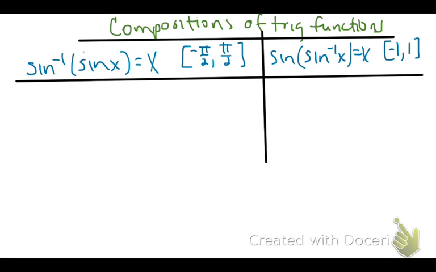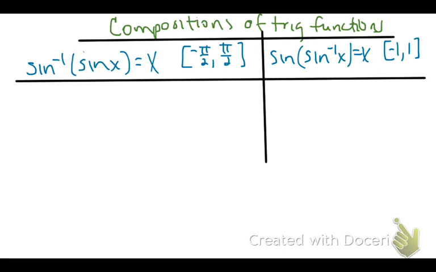All right, let's move on to cosine. We'll start with inverse cosine, and we will put cosine inside of that. So we must stay within the domain of our cosine. What's the domain of our cosine?